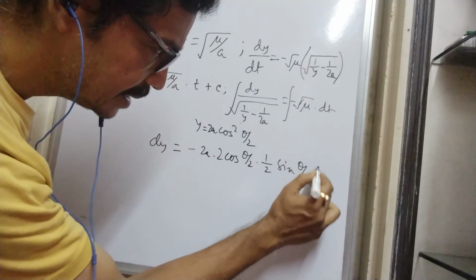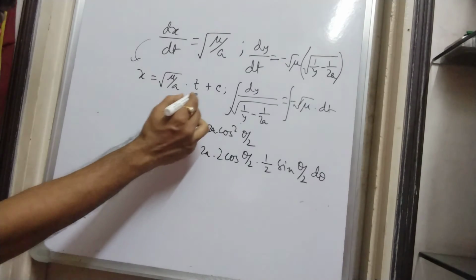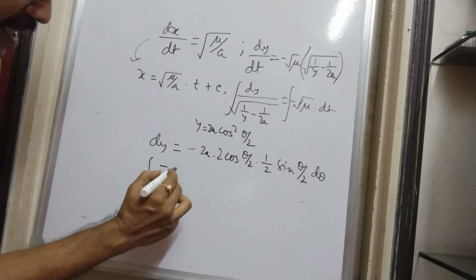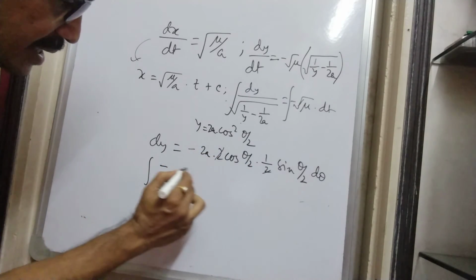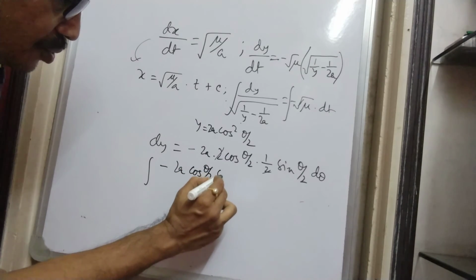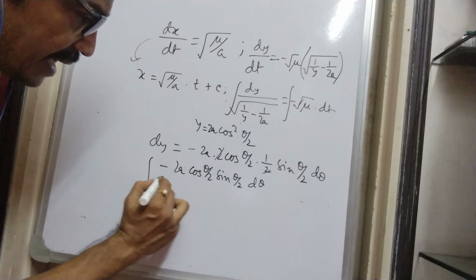There is a d theta involved here. So this turns out to be this one minus, this 2 cancels out, and this is minus 2a cos theta by 2 sin theta by 2 d theta.